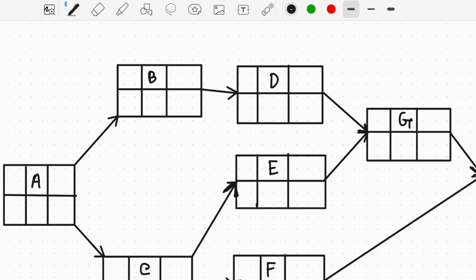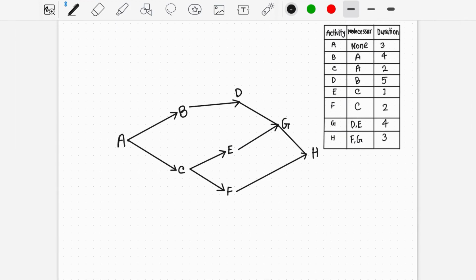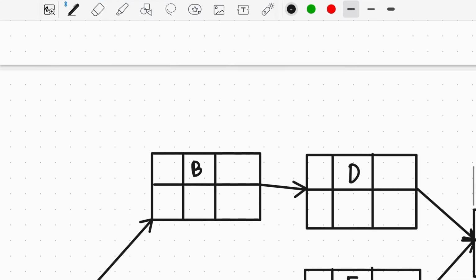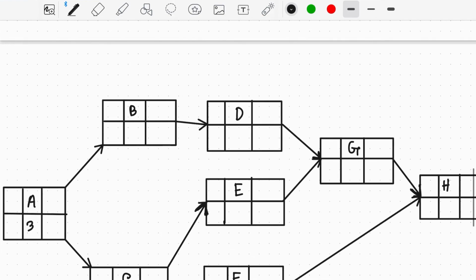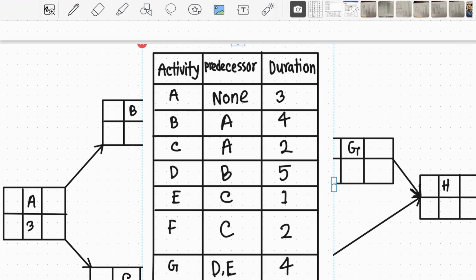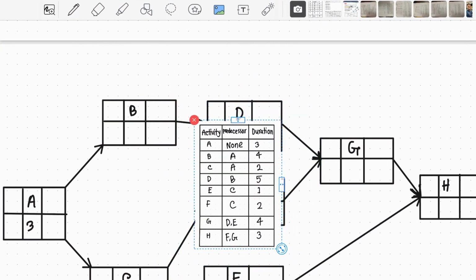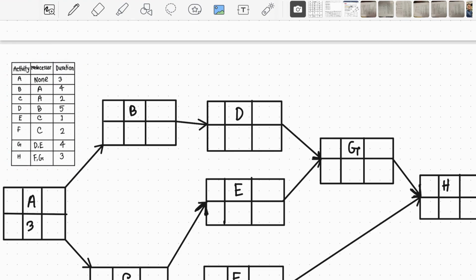For now, I will take the duration for every activity. For A activity we have 3 weeks, so I will take only 3 weeks. In the same way for the B activity, 4 weeks.